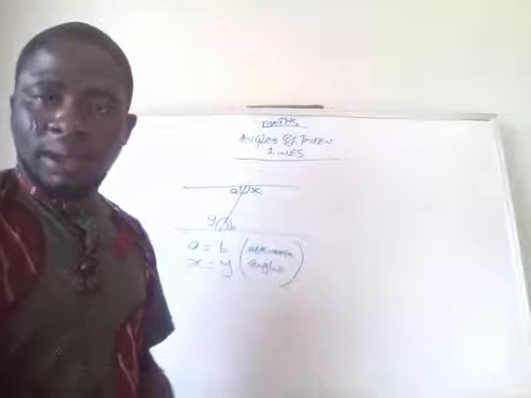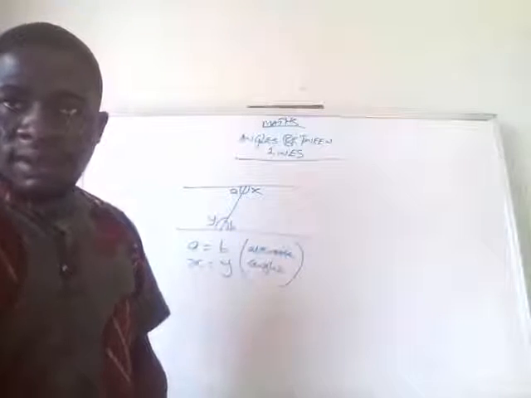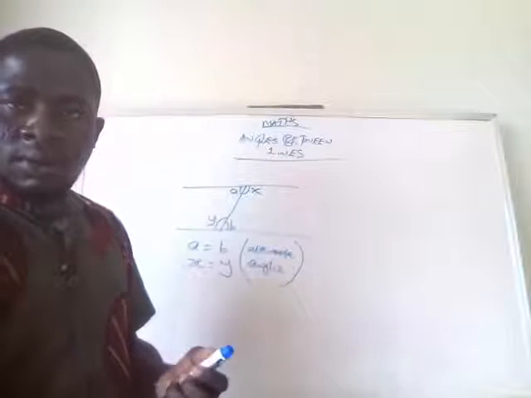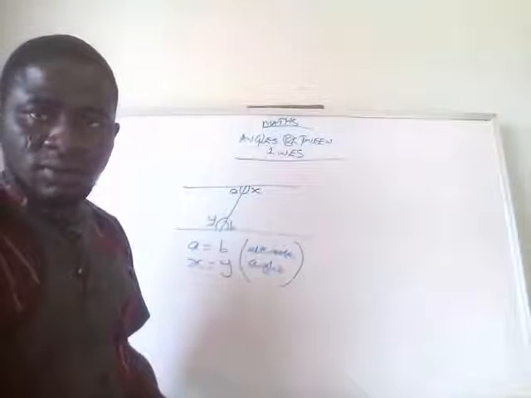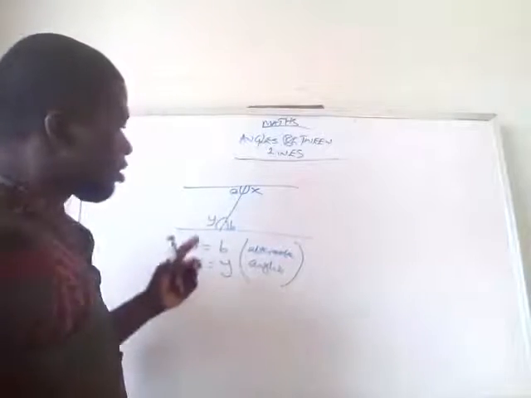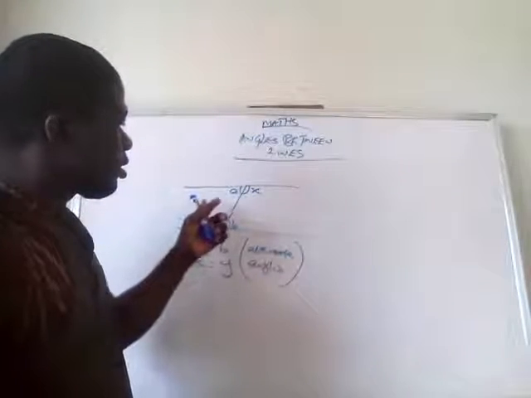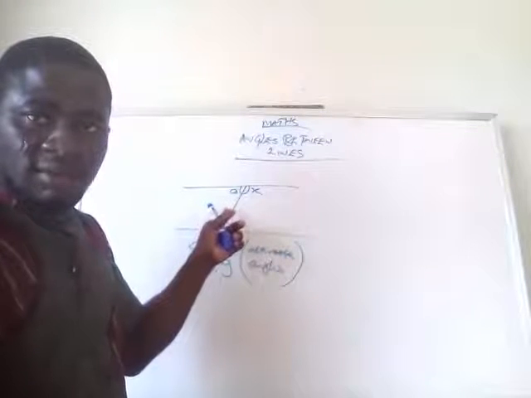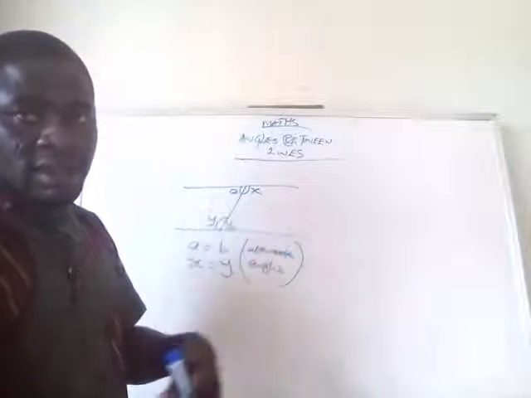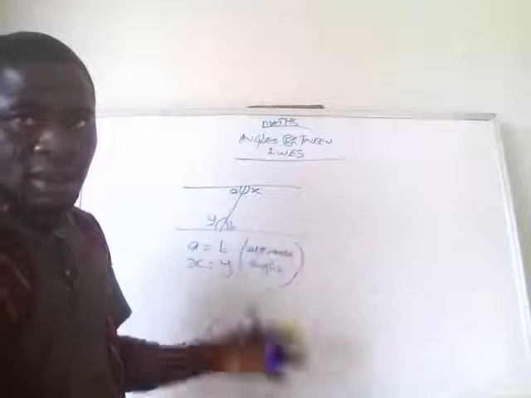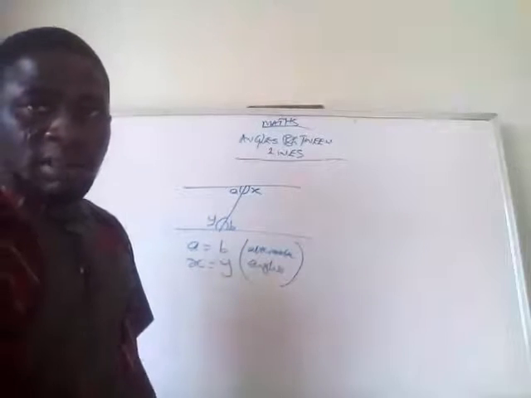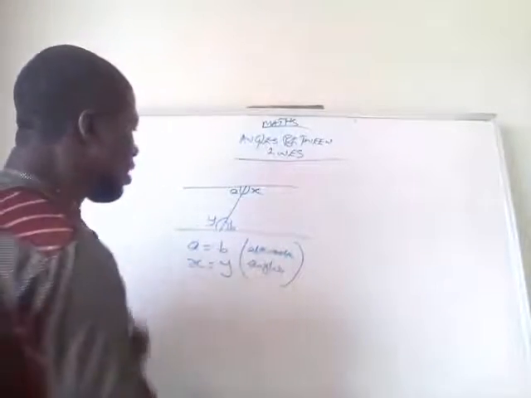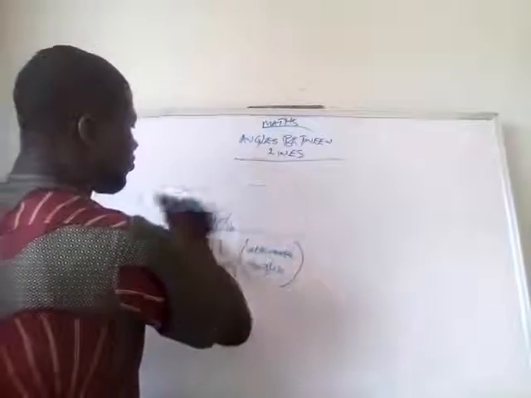So there is another one called corresponding angles. Remember, this is referred to as alternate, that is Z angles. But now let's talk about corresponding angles.